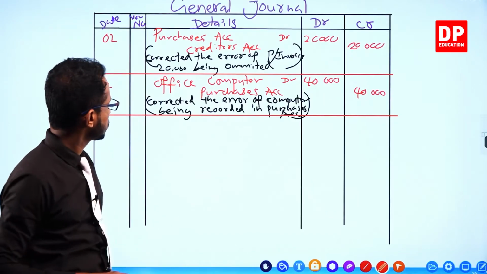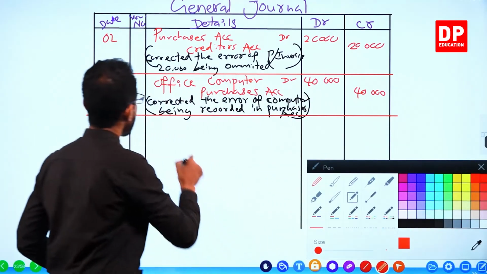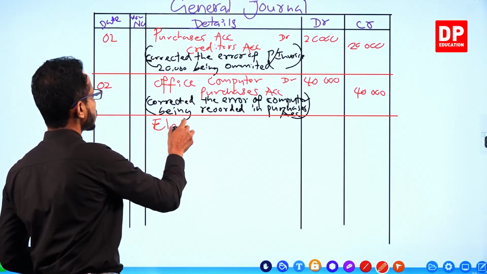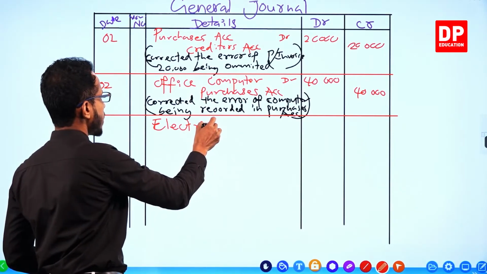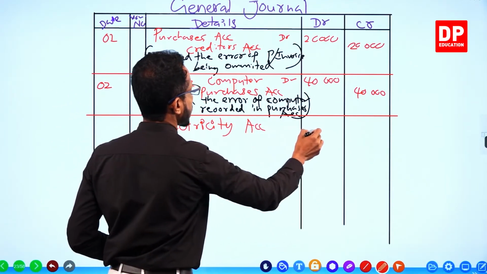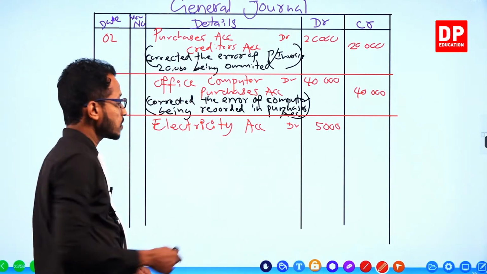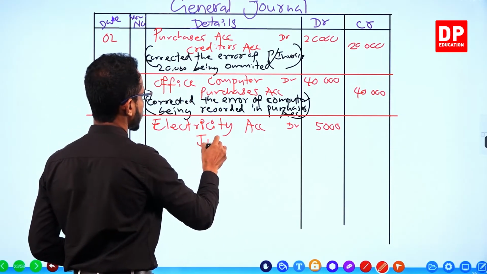Let's correct it. Debit to electricity. First, you must write the debit entry. So, electricity account debit 5,000. Then credit to insurance account.